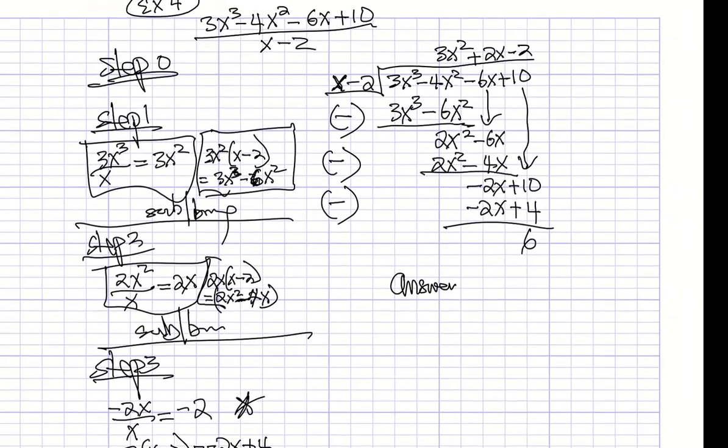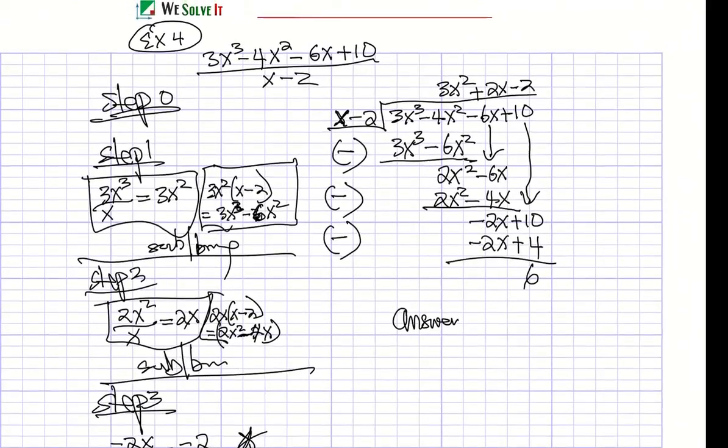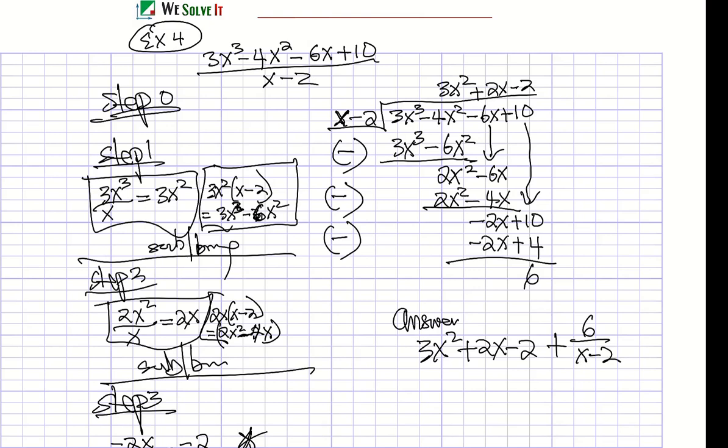So the answer is 3x squared plus 2x negative 2 plus a remainder. The remainder is 6 over x minus 2. You see it, right? That's the answer right there, man.